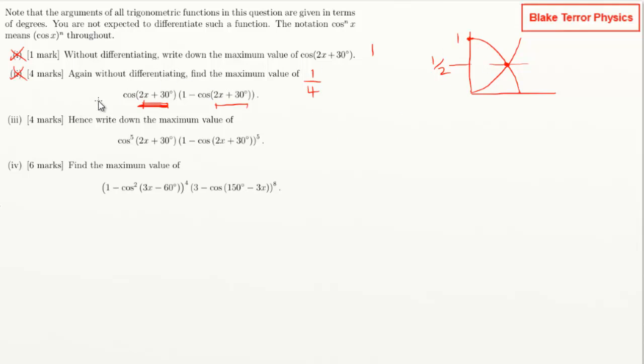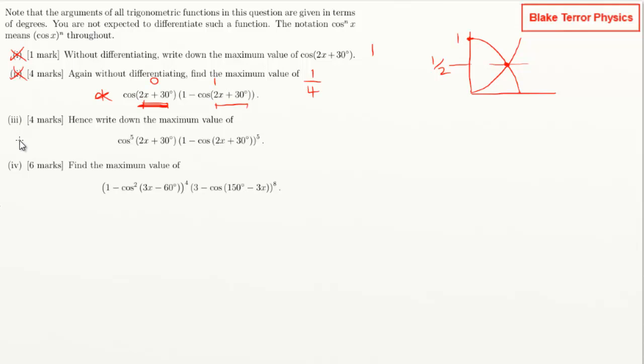Another way of putting it is we've got a quadratic in cos. So the maximum is going to lie halfway between the roots, and our roots are 0 and 1. So the maximum is at a half, and a half times a half is a quarter. Two different ways of putting it, but both are symmetry arguments to do with quadratics. So that's part 2.